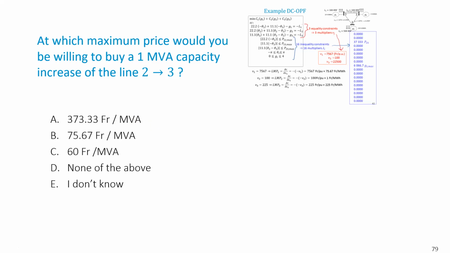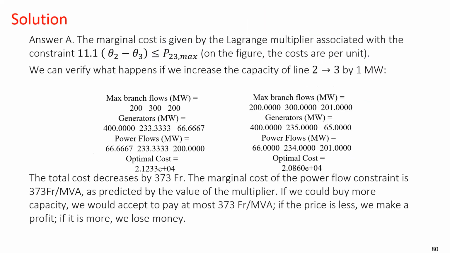We can also, and that's interesting to do manually, redo the OPF where I increase the capacity of the line. So that's the original problem. The max branch flows are at 200, 300, 200. I increase it by 1 unit for the lines of interest, and I see what happens here. This generator is saturated, it cannot increase.